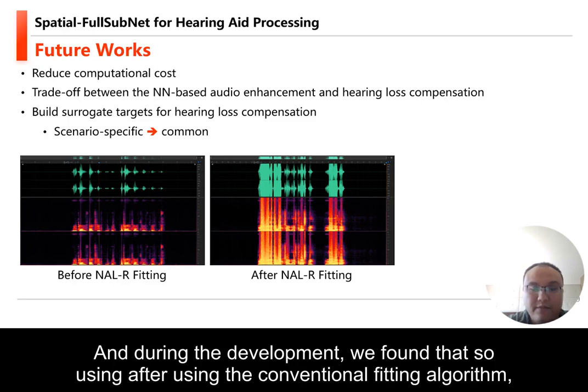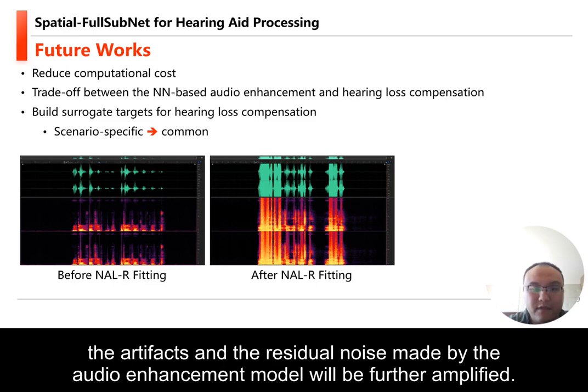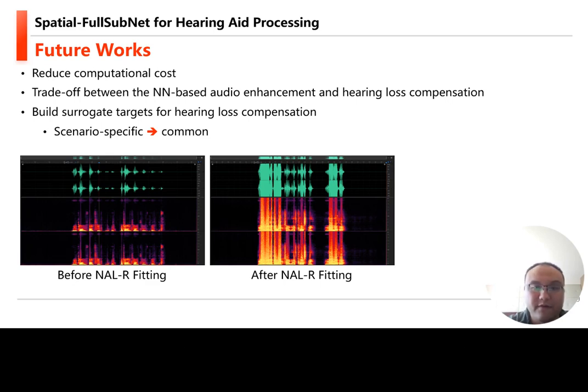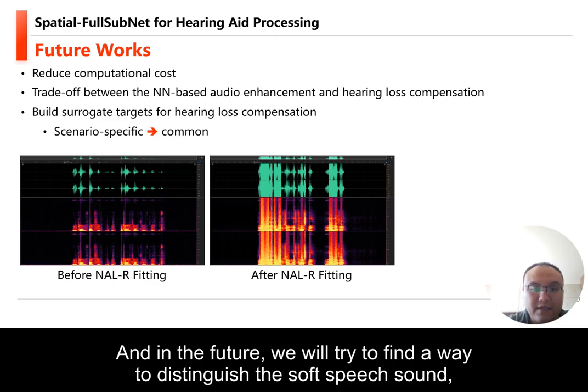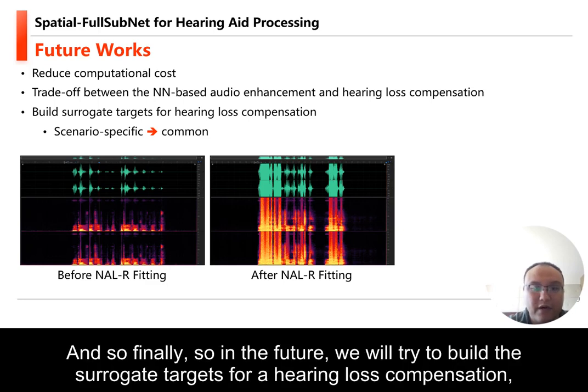During our development, we found that after using the conventional fitting algorithm, like the NAL-R algorithm, the artifacts and residual noise made by the audio enhancement model are further amplified. In the future, we will try to find a way to distinguish soft speech sound from residual noise.